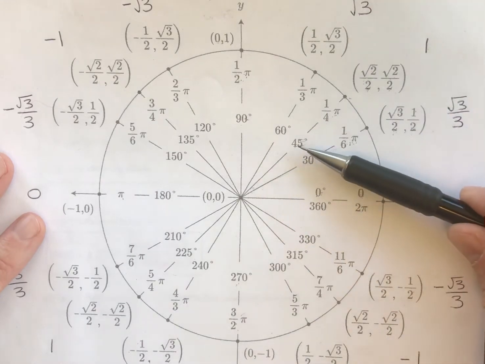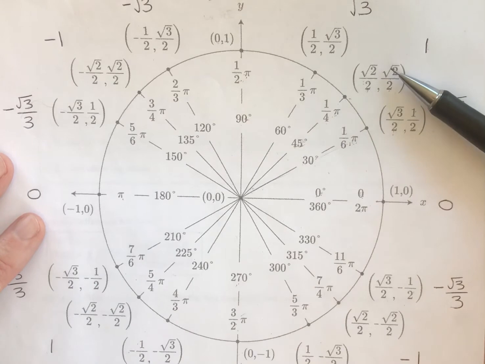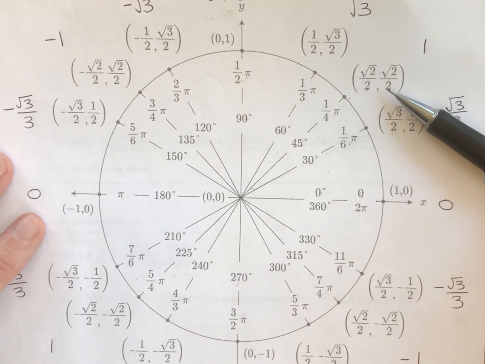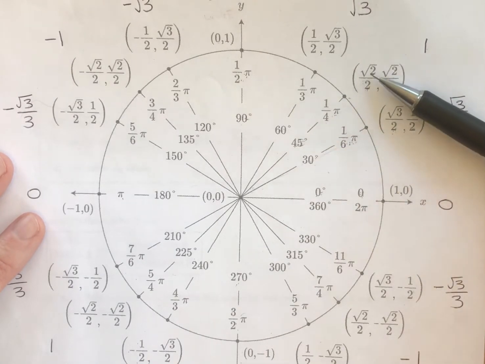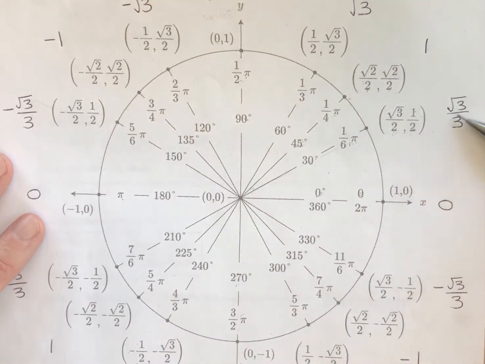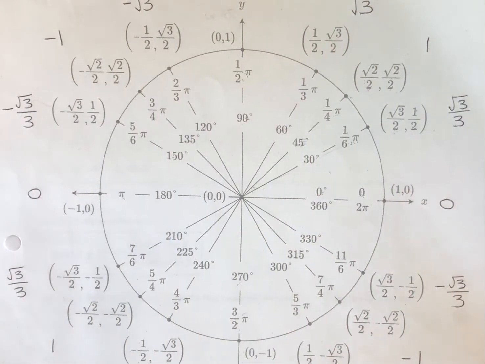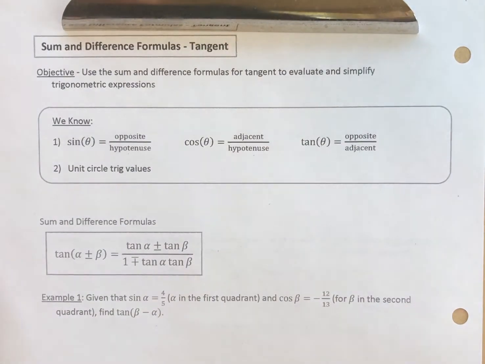So for example, for 45 degrees, which is equivalent to pi over 4, root 2 over 2 sine divided by root 2 over 2 cosine is 1. And so all of these are the tangent values of those known angles that we work with. We'll come back to that chart in just a moment.